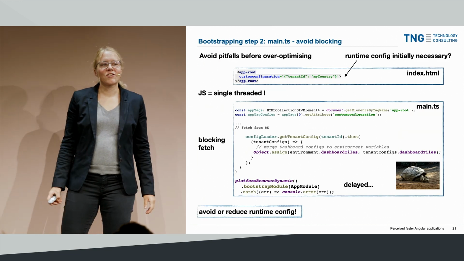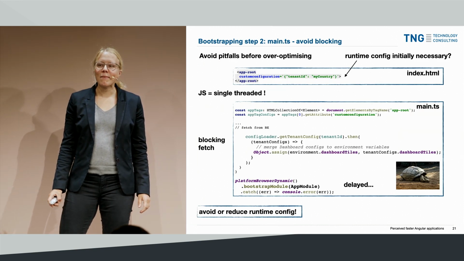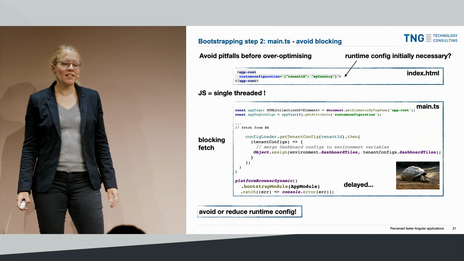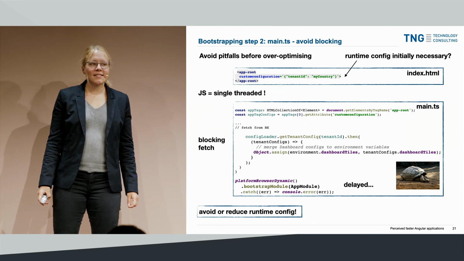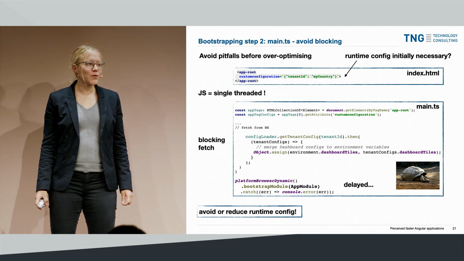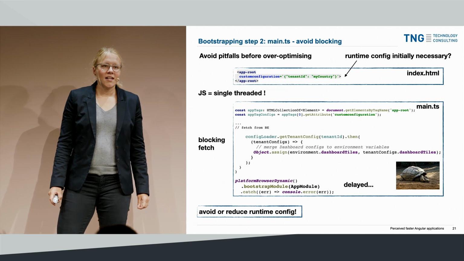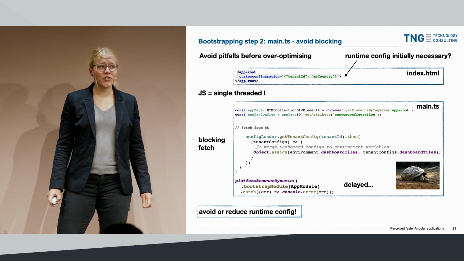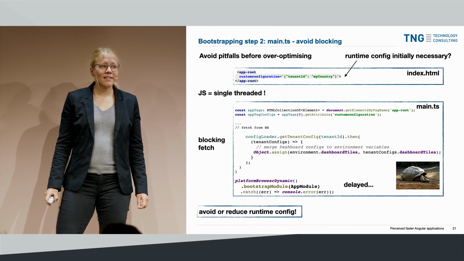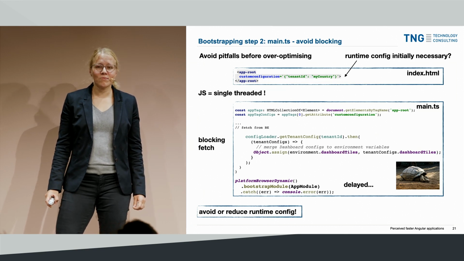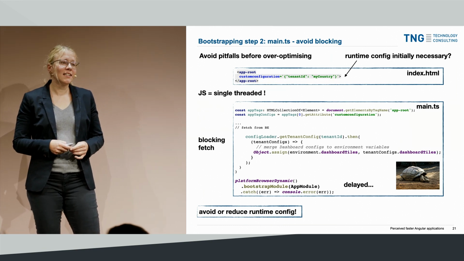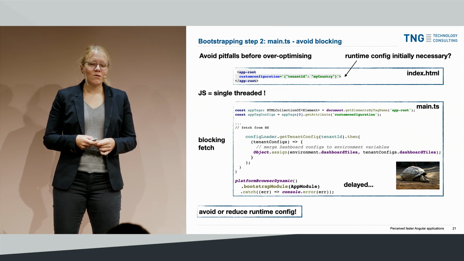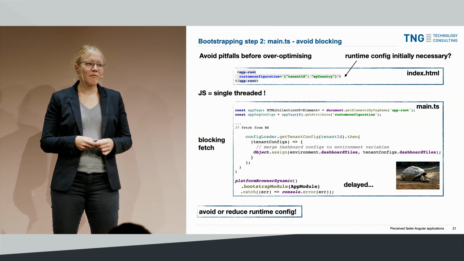After the index HTML file, we come to the main TS file. And before doing any optimization, in my experience, it's sometimes better to avoid certain pitfalls. It might not only be the developers to blame, it might be some project managers to blame that they want something for our app, which is maybe not needed in the end. They overcomplicate things by forcing us to load some runtime configuration up front.